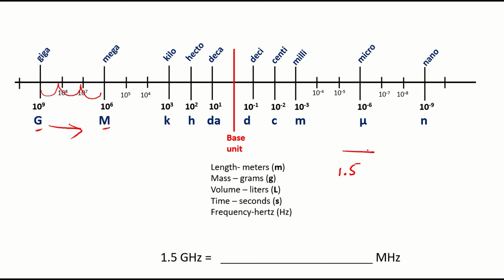So move the decimal point in this direction 3 times. 1, 2, 3. The new decimal point. Put zeros into the loops and you get 1.5 gigahertz converted into megahertz, which is 1500. And that is it. Very clear and easy, and it is really easy to use this metric system.